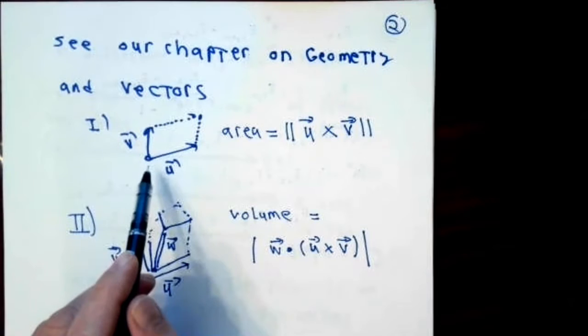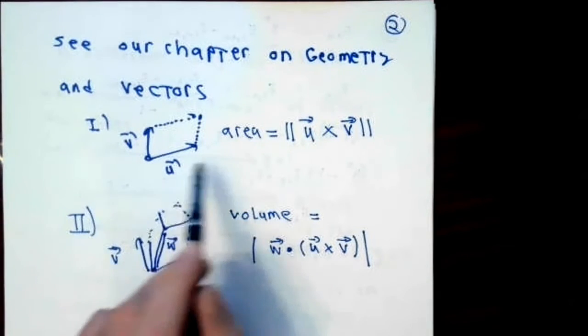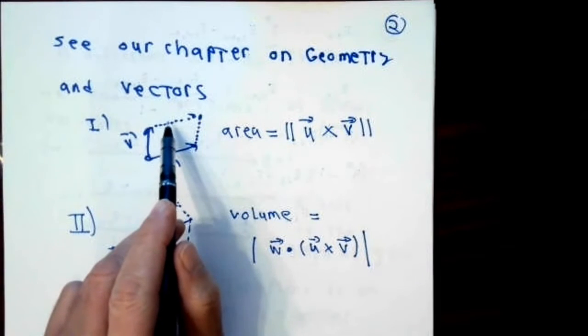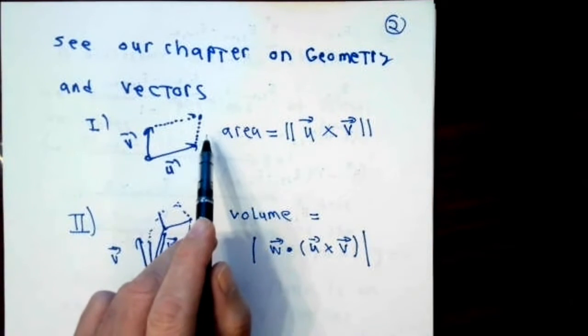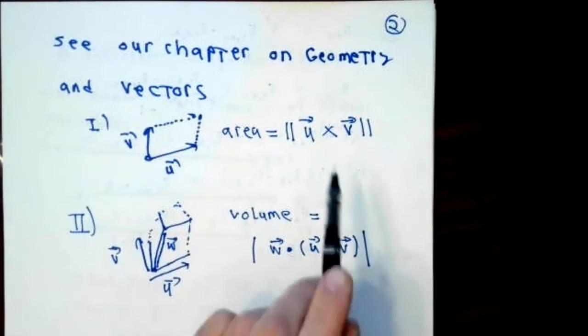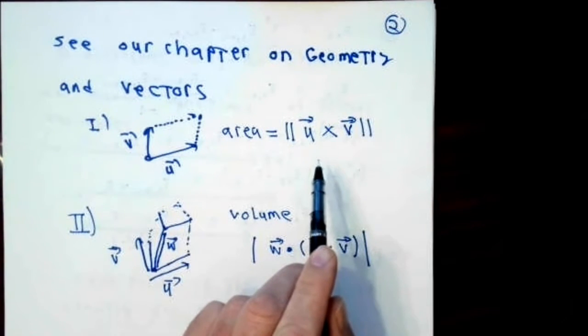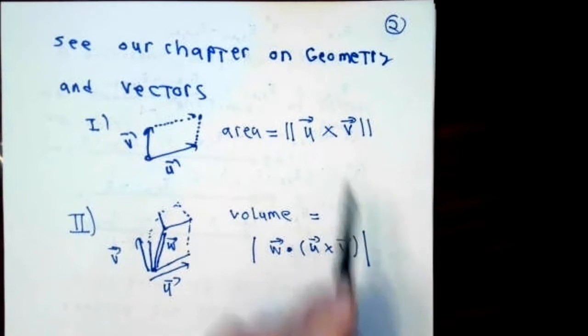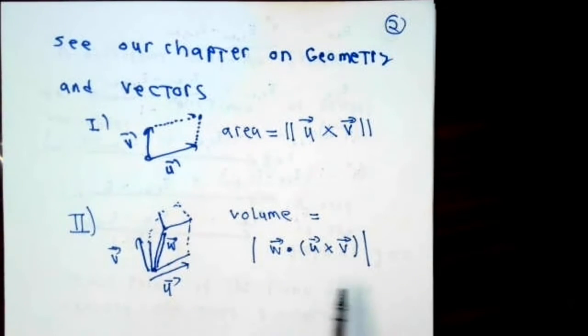If I have a common point, vectors u and v emanate from that point, and I make a copy of u here and a copy of v here, I form a parallelogram. The area of that parallelogram is the magnitude of u cross v. There's a corresponding fact for the volume of a parallelepiped, but for the purposes of this discussion, we won't be needing that.